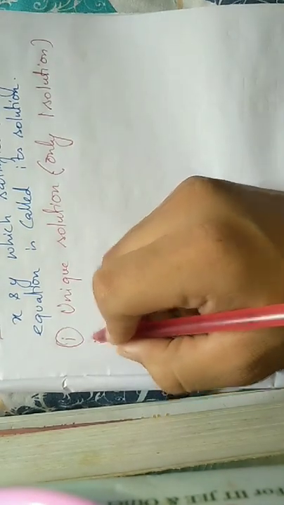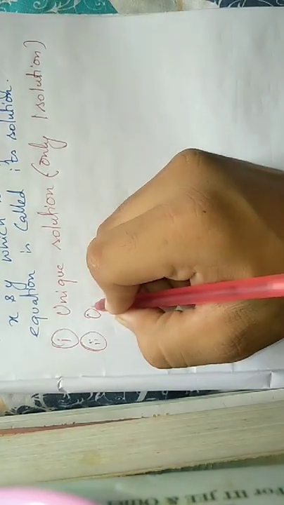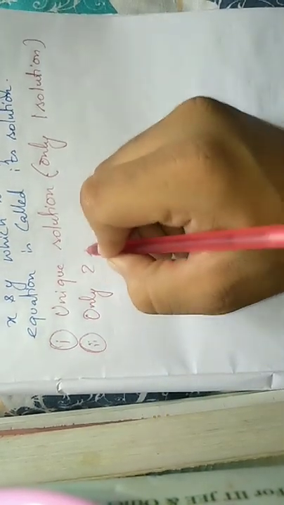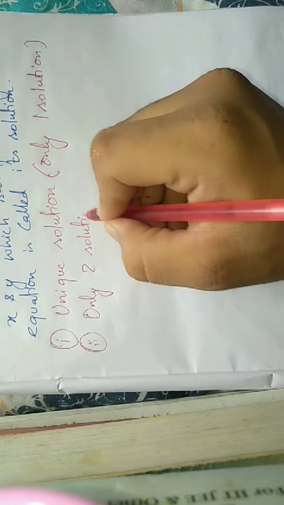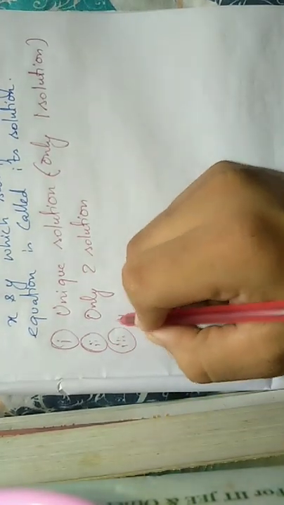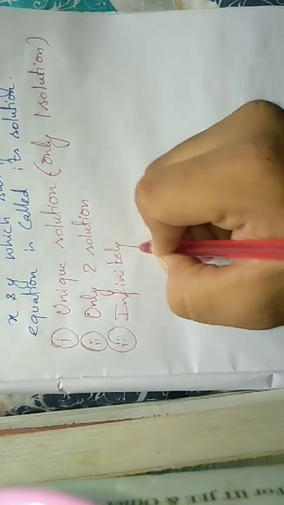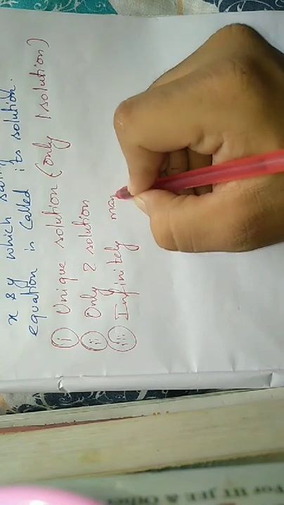Number 2, only 2 solutions, which means you can have only 2 solutions over there. Number 3, infinitely many solutions.